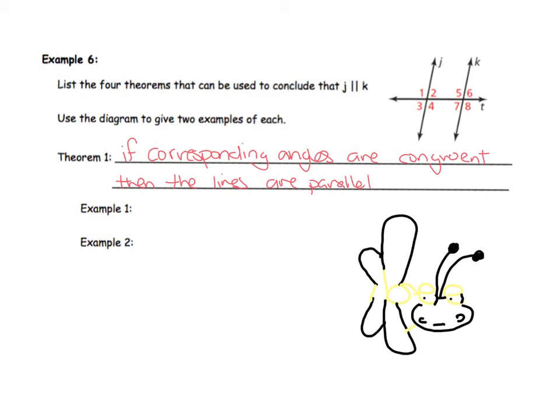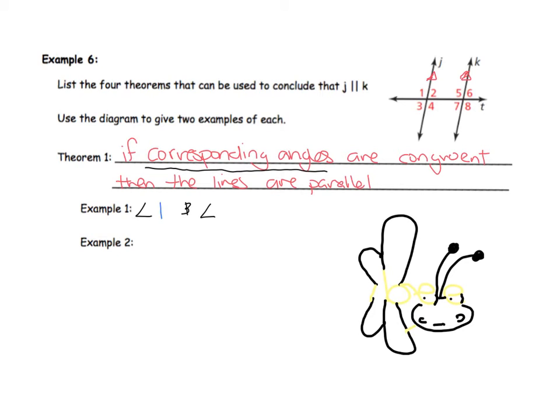All right, list the four theorems that can be used to conclude that J is, in fact, parallel to K. So, proving that J is parallel to K. First theorem: if corresponding angles are congruent, then the lines are parallel. Give me an example of two angles that are corresponding.